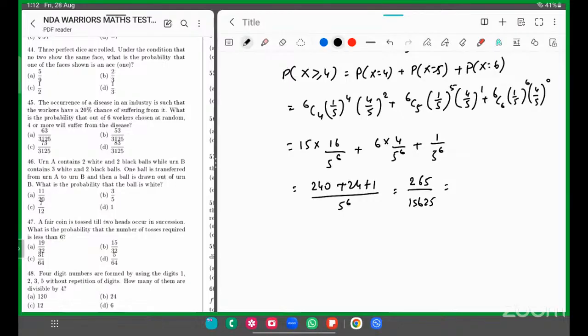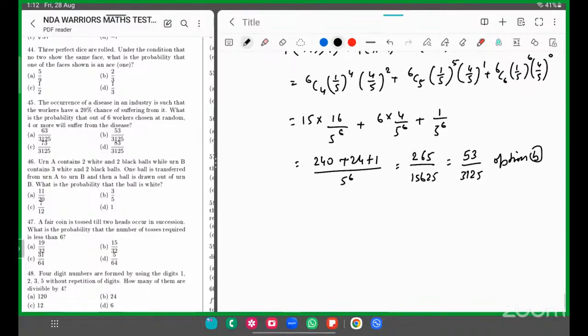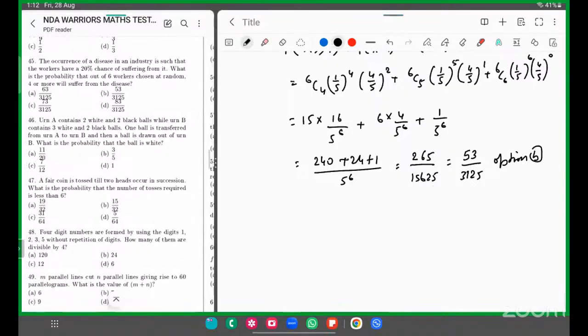When you cut it, you will get 53 upon 3125, which is option B. Okay, done. Moving to question number 46.